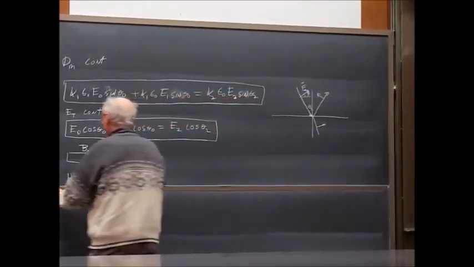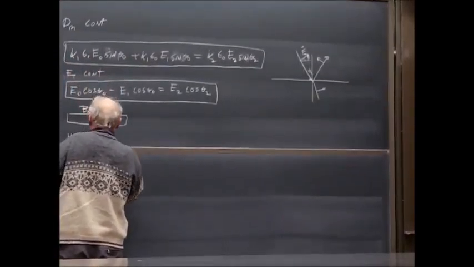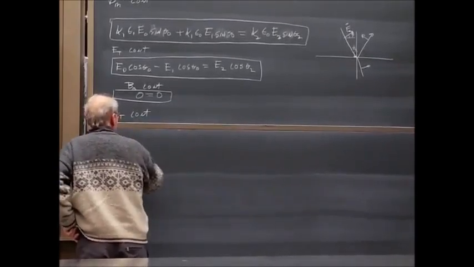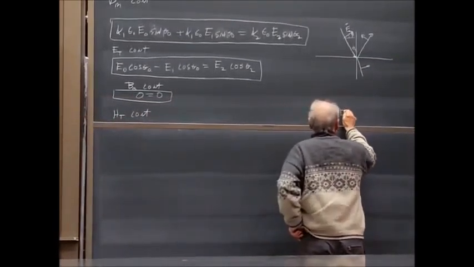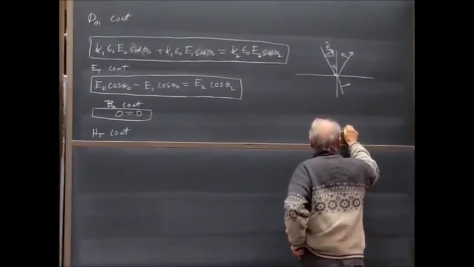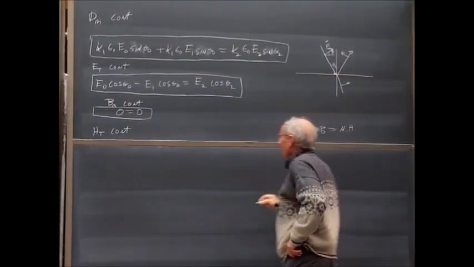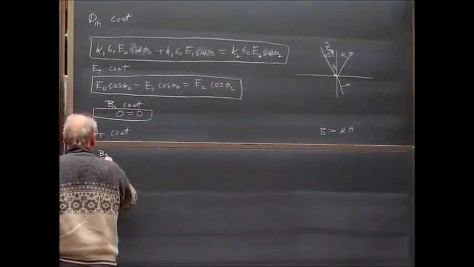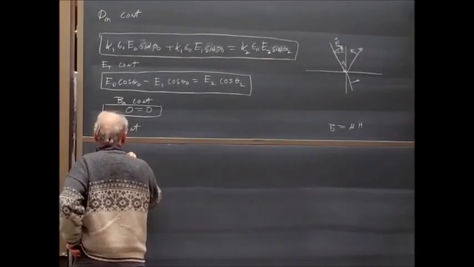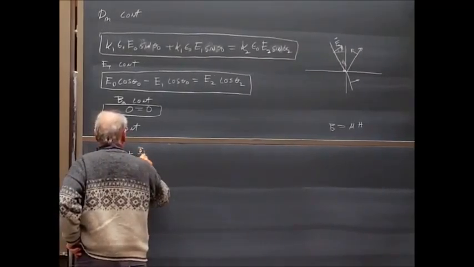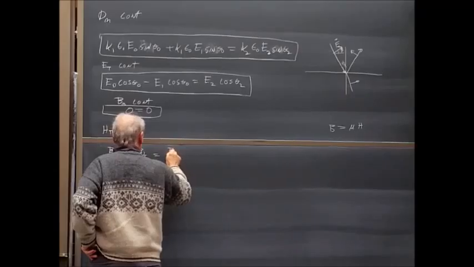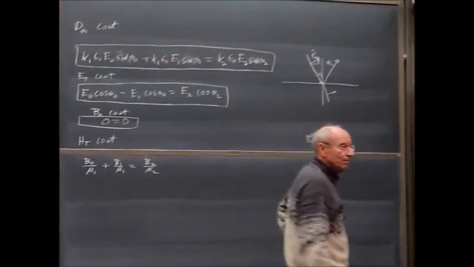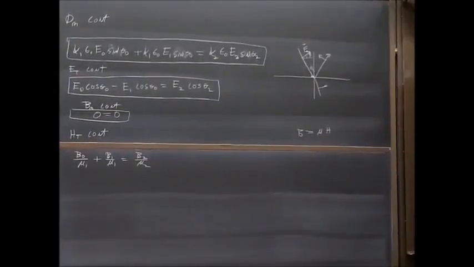And so that means that, remember, B was mu times H. And so H is B0 over mu1 plus B1 over mu1 equals B2 over mu2.